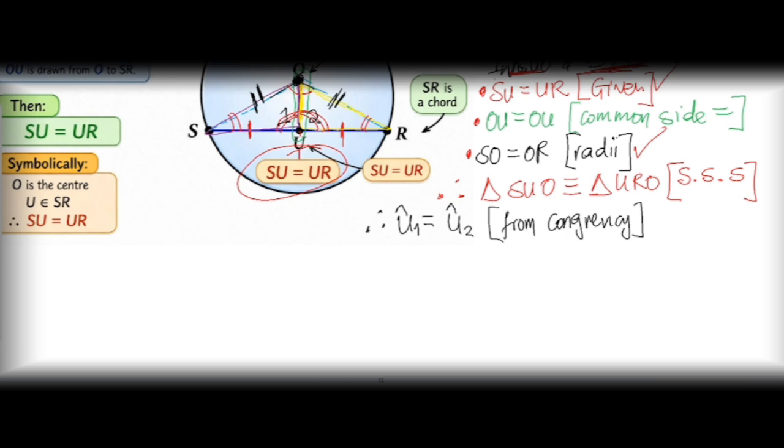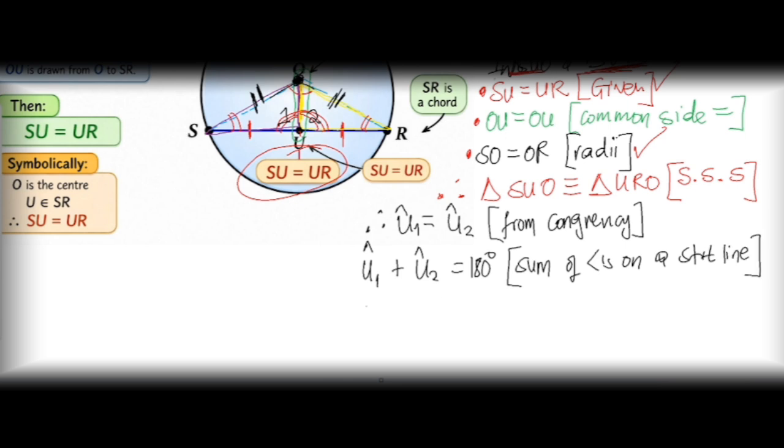So now, since we know that angle U1 is equal to angle U2, and we know that angle U1 plus angle U2 is equal to 180 degrees, reason being the sum of angles on a straight line is equal to 180, these two angles here will be equal to 180.